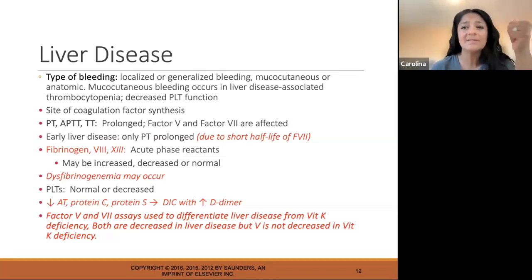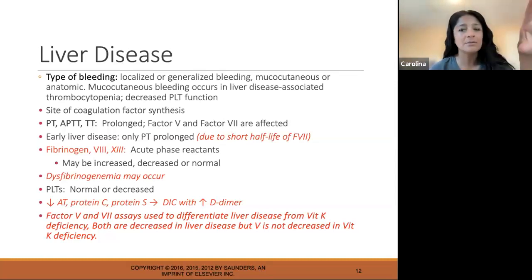Something to keep in mind is that the fibrinogen, factor 8, and factor 13 are considered acute phase reactants, and instead of being decreased in this particular instance, they may be increased. If they are, it's probably due to the inflammatory process that is happening within liver disease, okay?